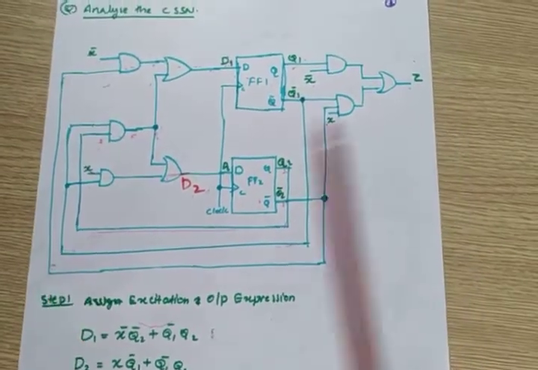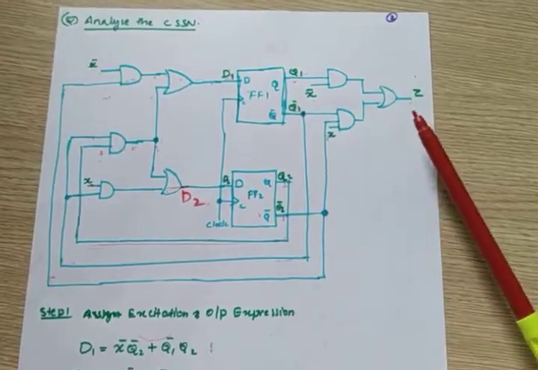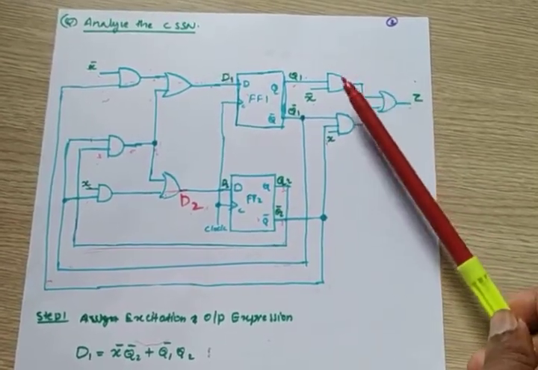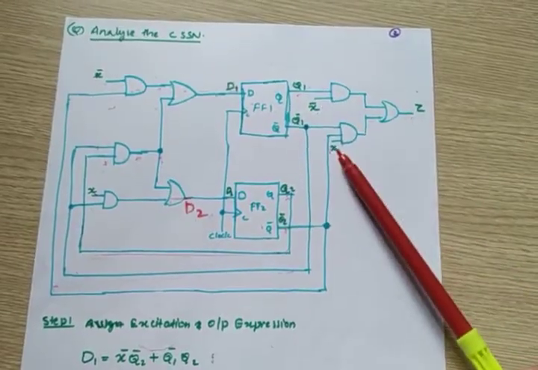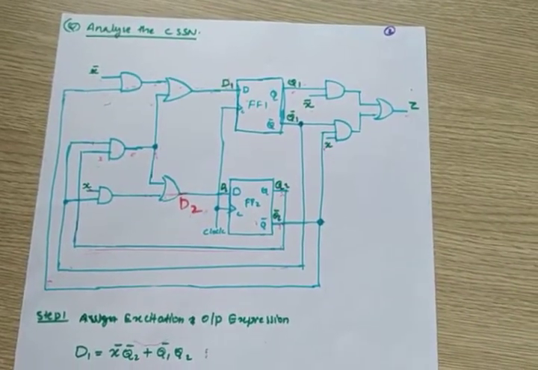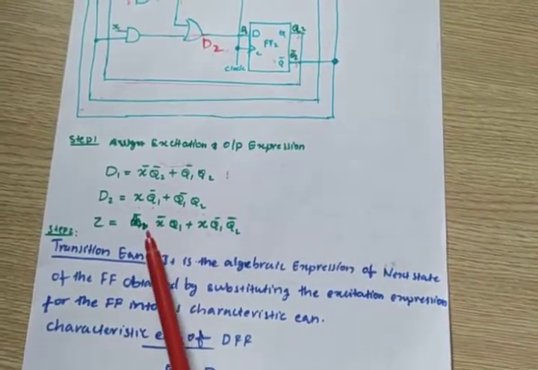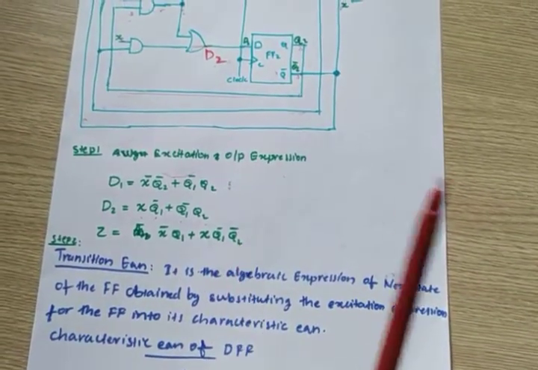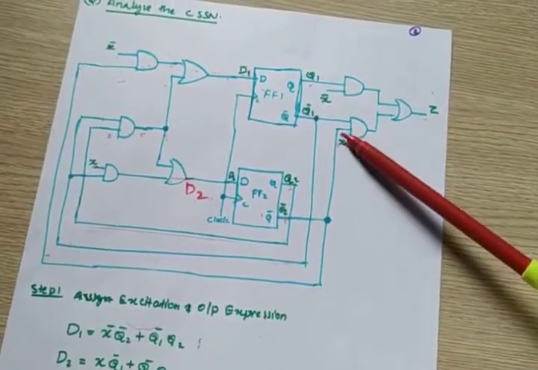Next is Z. What is Z here? Z is the output. So Z we can write directly as X bar Q1 plus X Q1 bar Q2 bar.